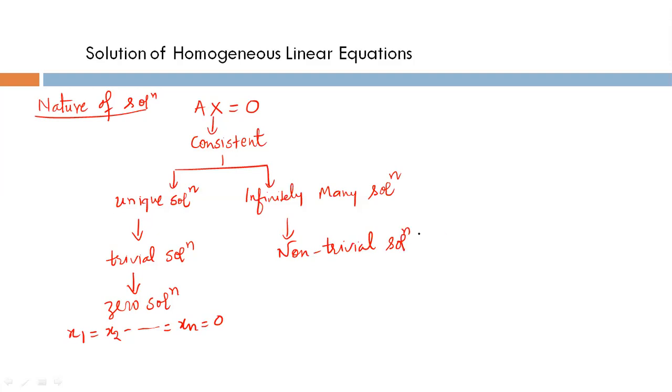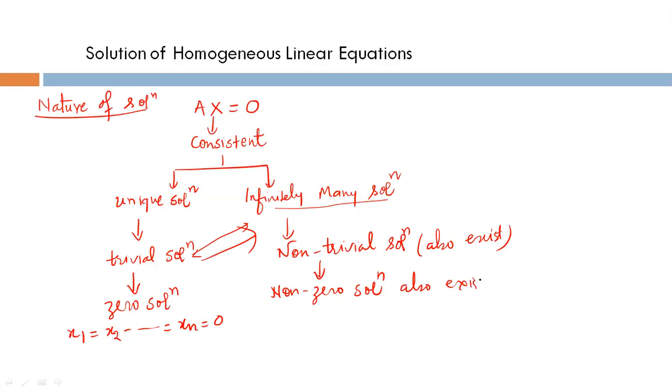Non-trivial solution also exists here. In this case also, trivial solution exists in both the cases, but in the case of infinitely many solution, non-trivial solution, or non-zero solution, also exists.